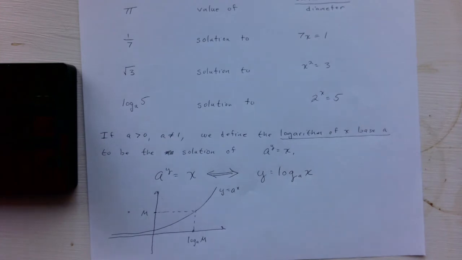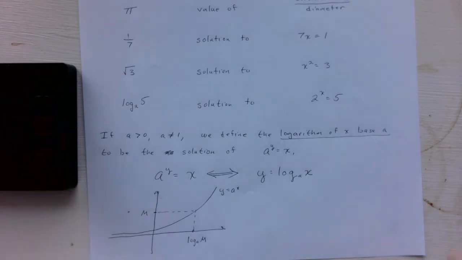Obviously we need m to be a positive number. m cannot be 0, because this graph never crosses the x-axis, so we can't take the log of any negative number or 0.